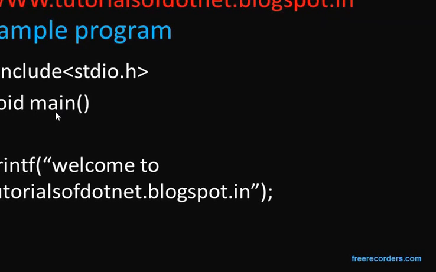Another very important thing is that in C programming the program starts from the main method only. So it is very important to use the main method. Without the main method you will get a compiler error, and the program doesn't get compiled or executed. The start of the program is main. This is the entry point of the program.